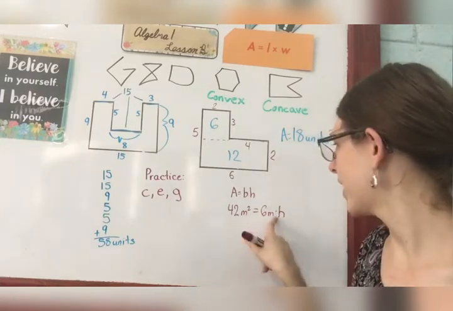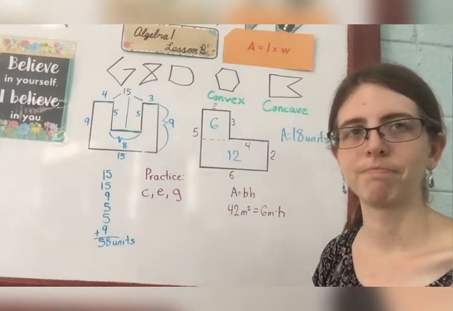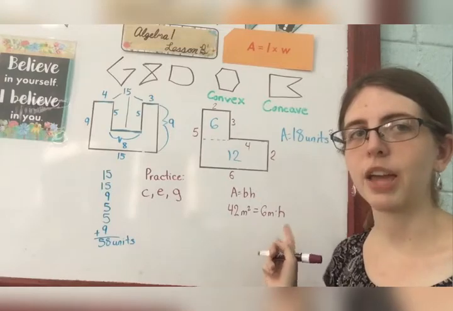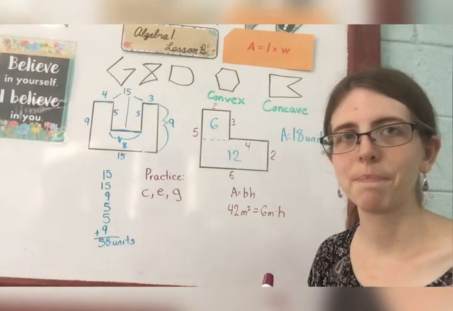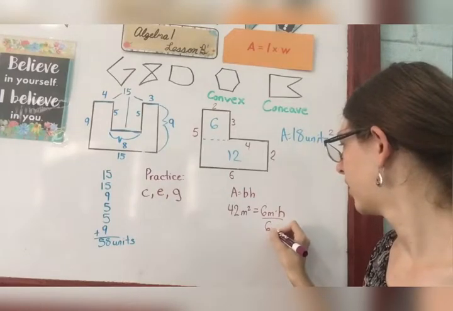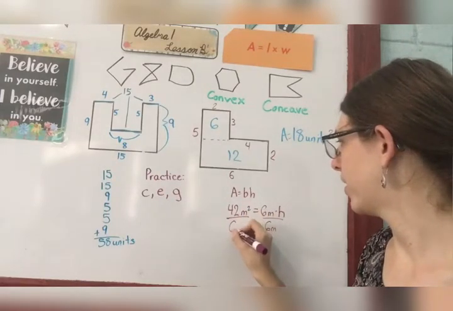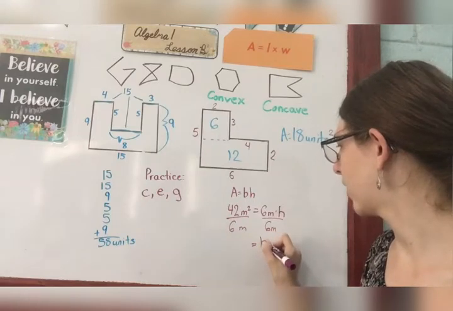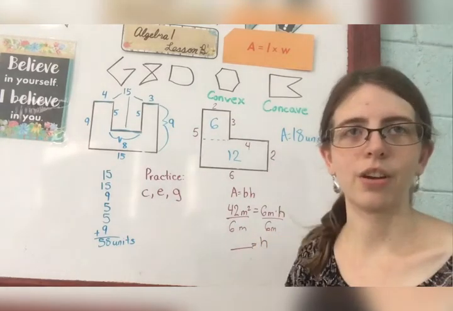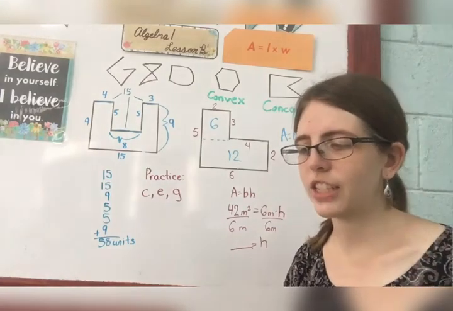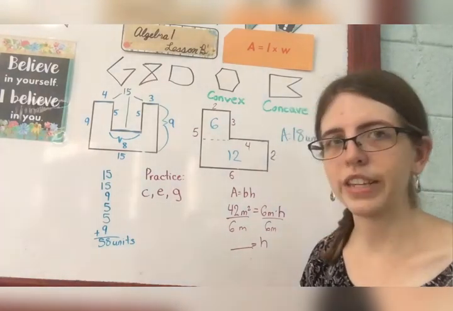How do I solve for the h? I do the opposite. Since I'm multiplying, what's the opposite of multiplying? Dividing. Whatever you do to one side, do to the other, and your answer is going to equal the other side, the height there, okay? You're going to need to use something similar to solve E, but it is a little different.